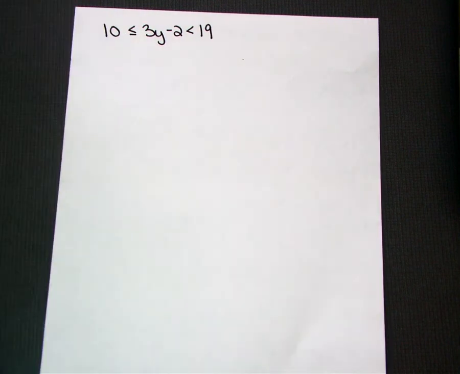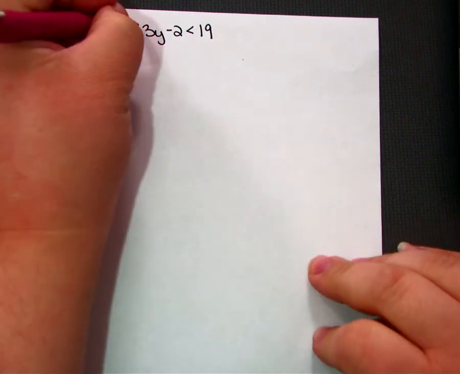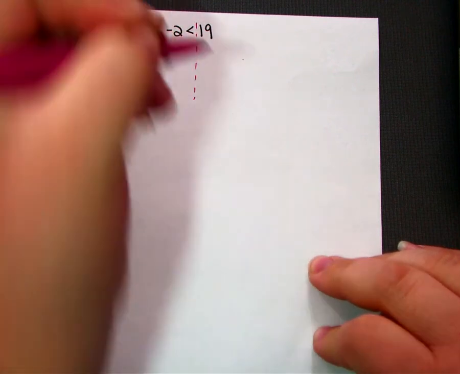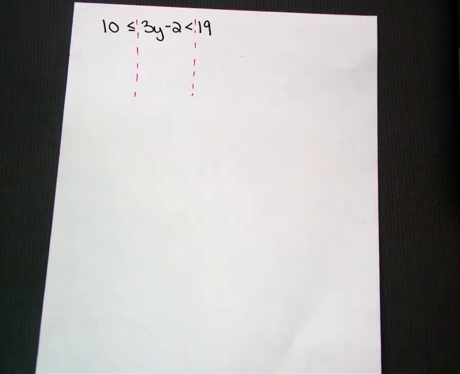We're used to working with inequalities that look like this, where we have to add or subtract to both sides. Now we have to do that to 3 sides. So I'm going to draw these lines in to remind us that there's actually 3 parts that I need to take care of when I'm solving this inequality.